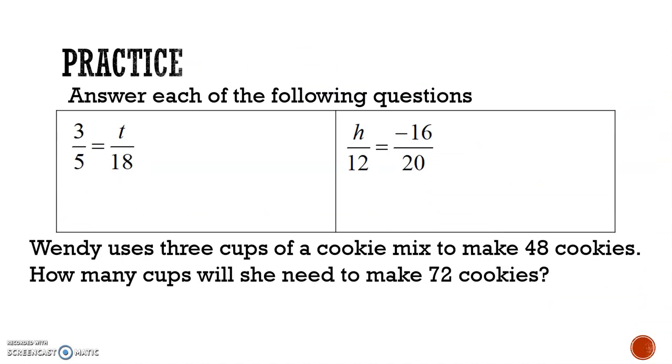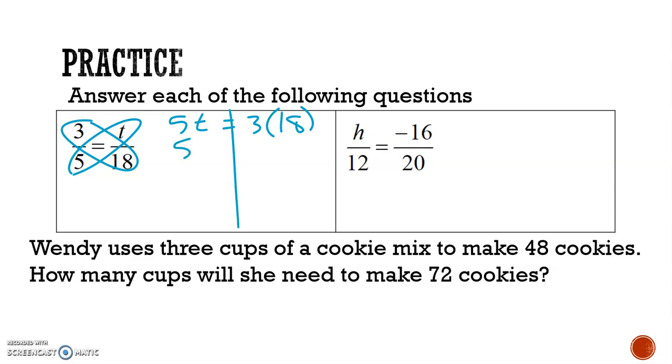So go ahead and pause the video here and try these on your own. You've got 2 that are already set up and then 1 word problem to try. All right, so the first one we have 5 times t and then 3 times 18. Bring down that 5t, 3 times 18, that gives me 54.